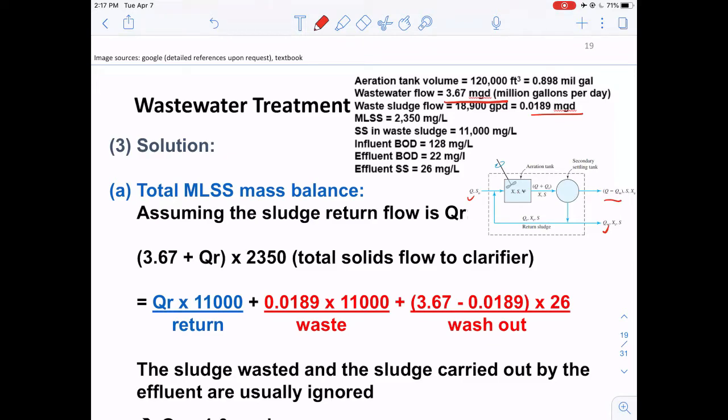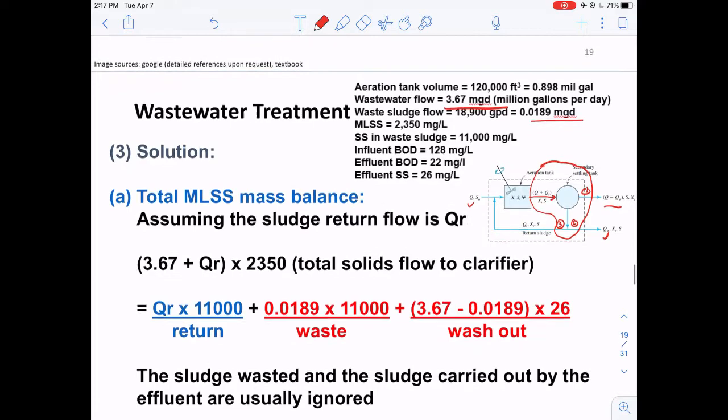Then we need to set up a mass balance for the suspended solids, looking at this system here. The total mass of the suspended solids introduced into the secondary settling tank has to be equal to the suspended solid mass through these three routes.